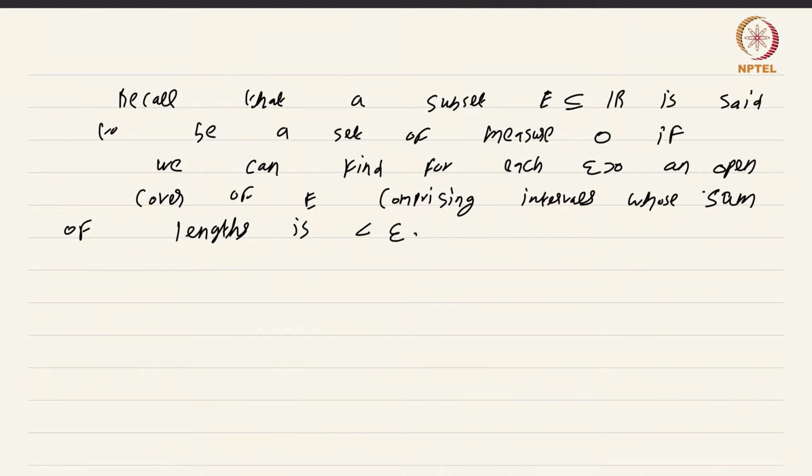So no matter what small epsilon you choose, you can always find an open cover of this set. The sum of the lengths of these intervals should be less than epsilon.